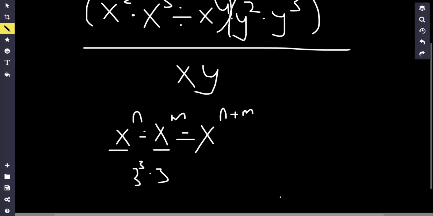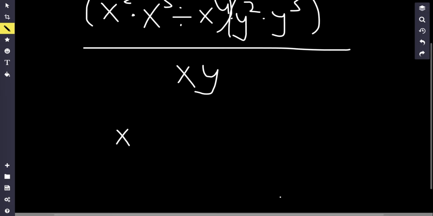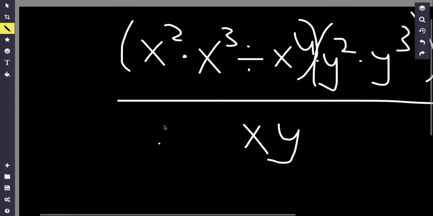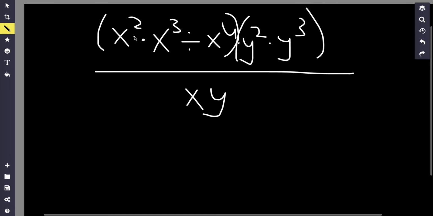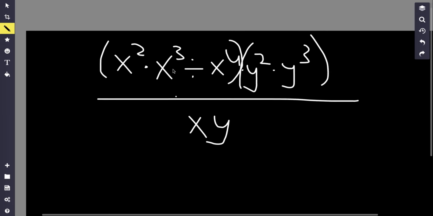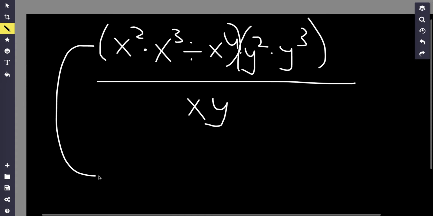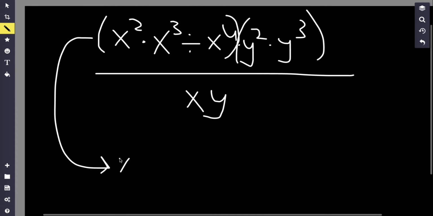So using this product rule, we're able to simplify the numerator. And we can say that x to the 2nd power times x to the 3rd power, well, what you do is you keep the same base and you add up the exponents. So this right over here, let me just rewrite it, x to the 2nd power times x to the 3rd power divided by x to the 4th power.